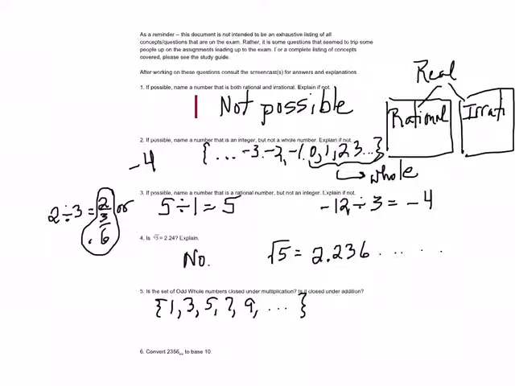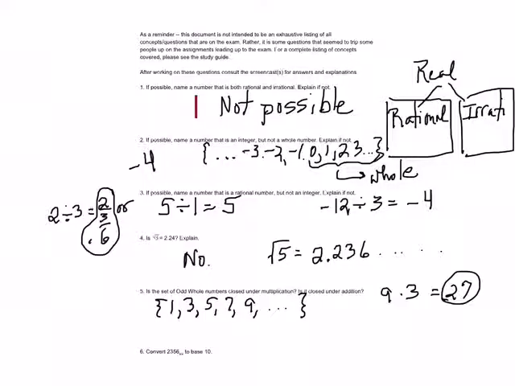The way I check is I pick two odd numbers and multiply them. I picked 9 and 3, and I get 27. Then I ask myself, is 27 in this list? Yeah, it's not written, but it's part of the list.